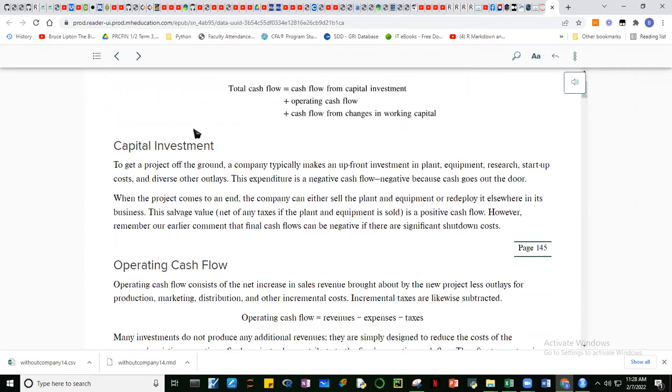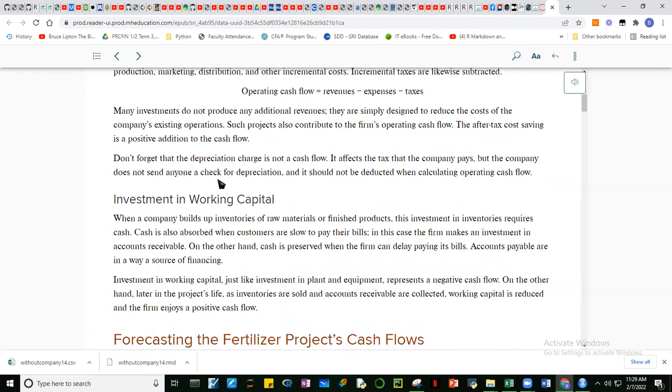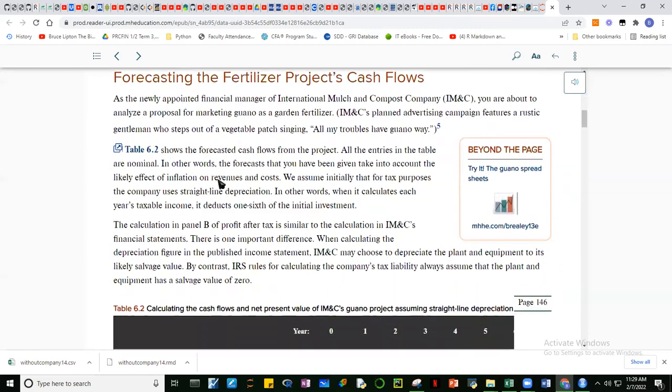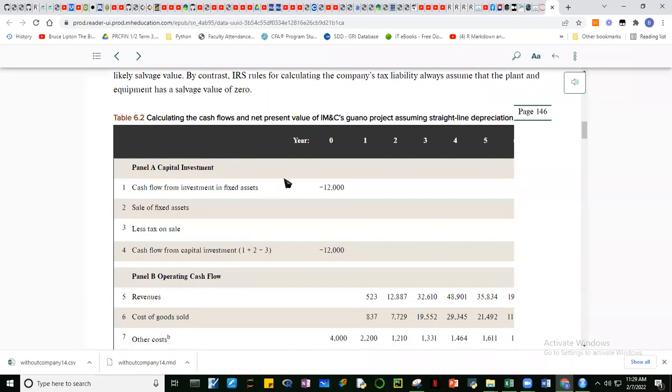Okay, so yung tatlong yun, guys, these are the elements that make up your capital budgeting cash flows. First is your capital investment. Pangalawa, operating cash flow. Pangatlo, investment in working capital. So may example dito, guys, yung IMC. So may proposed investment siya, and the cost of that is 12,000.